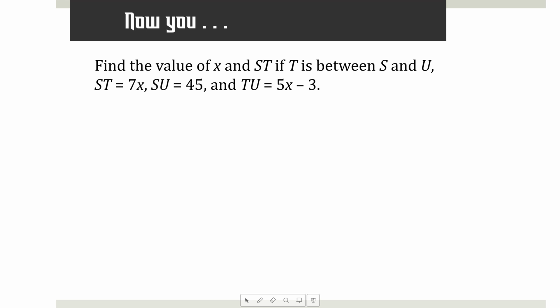Find the value of x and ST. Plug and chug. You know what ST is, right? 7x, I think, is your value of x.